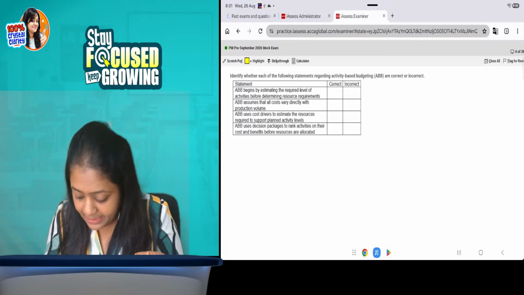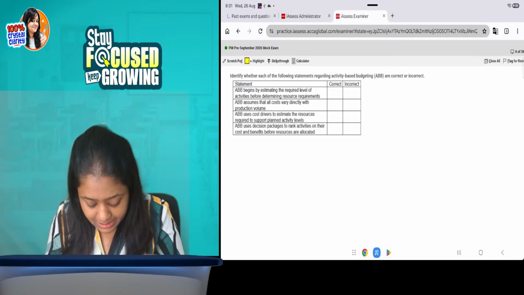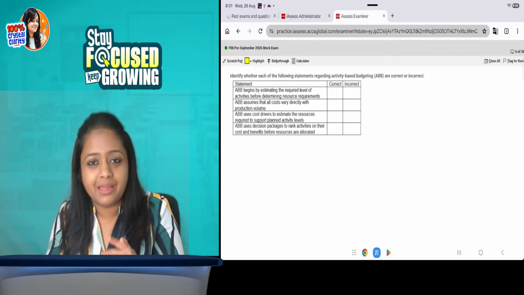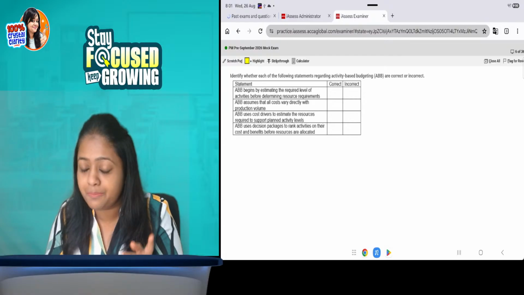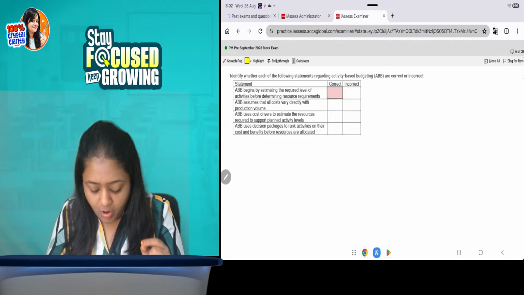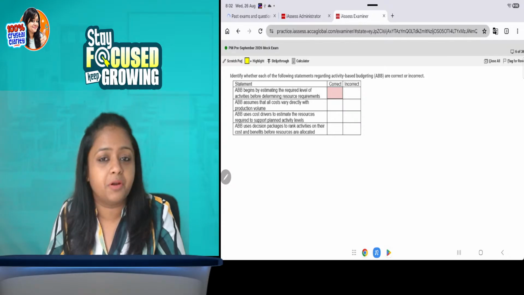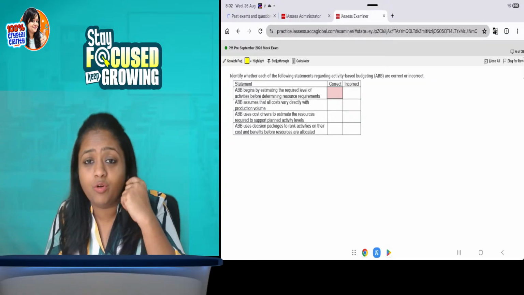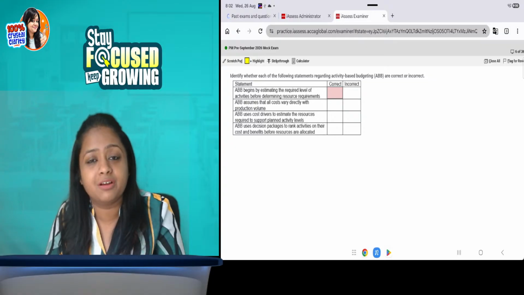ABB begins by estimating the required level of activities before determining the resource requirement. I think the same is the concept with ABC, so it is correct. ABB assumes that all costs vary directly with production volume. Wrong. ABC also says they don't take the cost to be varying with production volume.